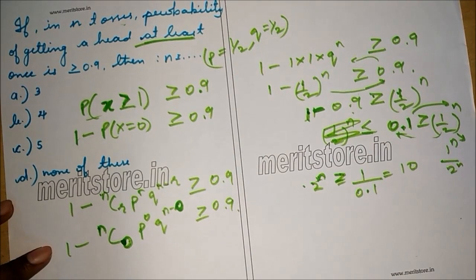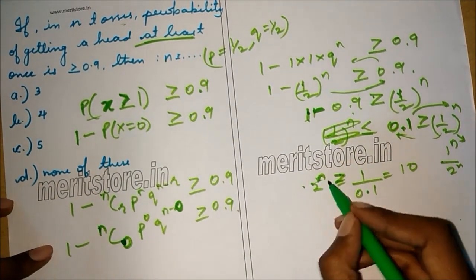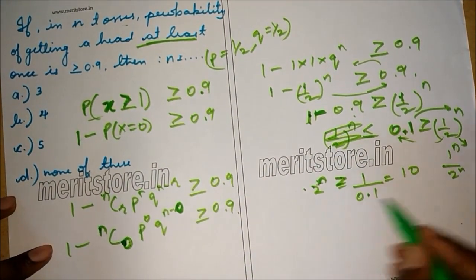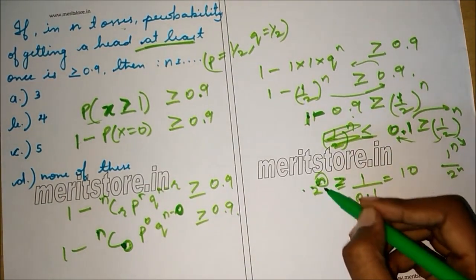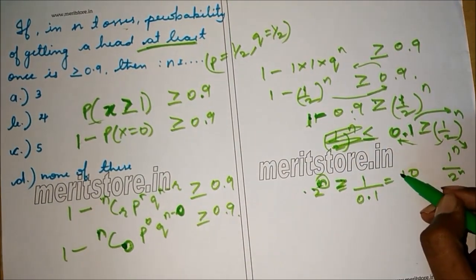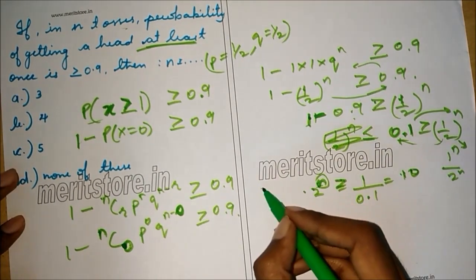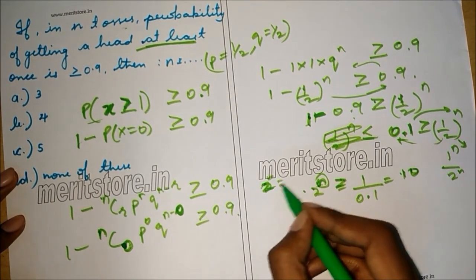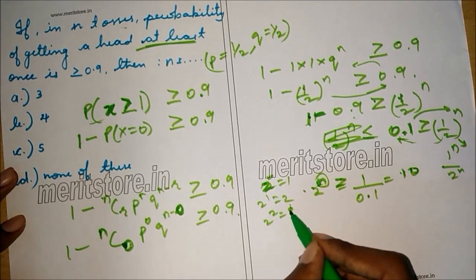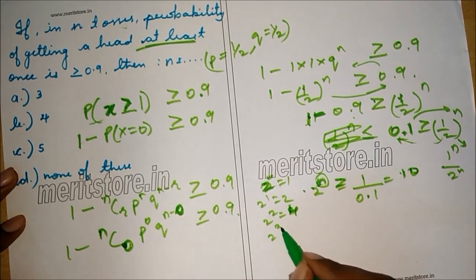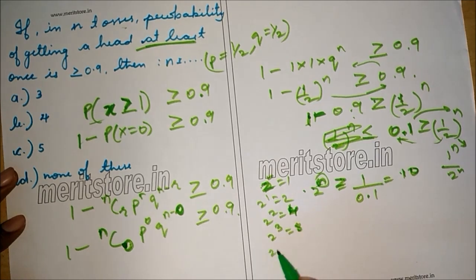So 2 raised to n is greater than or equal to 10. So n is such that the power of 2 is greater than 10. So 2 raised to 0 is 1, 2 raised to 1 is 2, 2 raised to 2 is 4, 2 raised to 3 is 8, and 2 raised to 4 is 16.